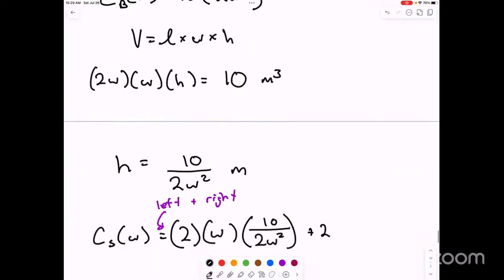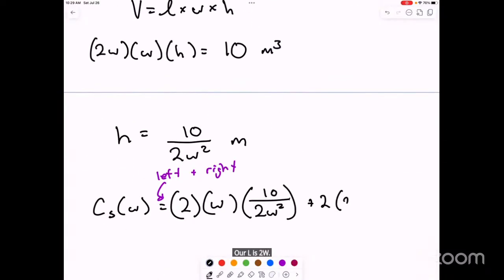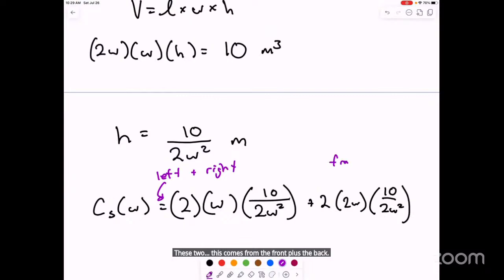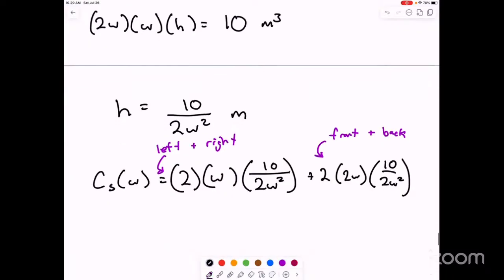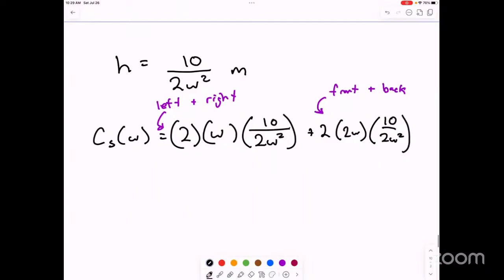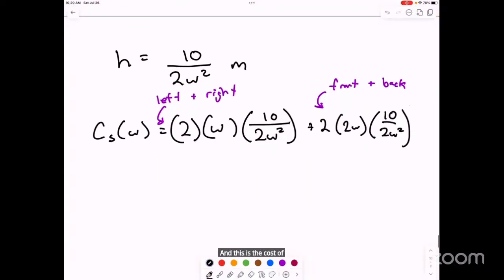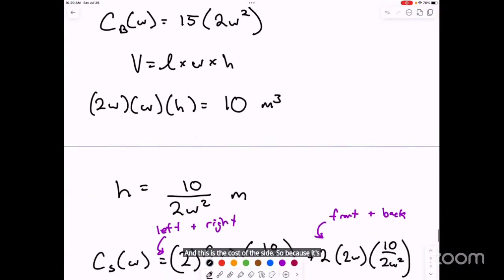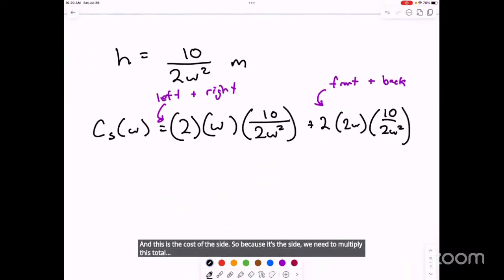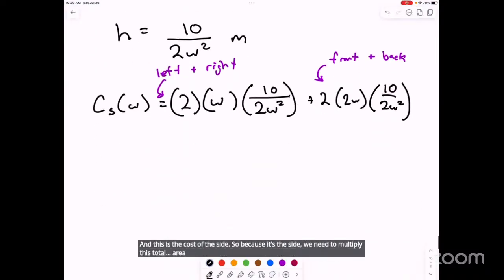Our L is 2W. Our height is 10 over 2W squared. This comes from the front plus the back. And this is the cost of the side. Because it's the side, we need to multiply this total area by 9.